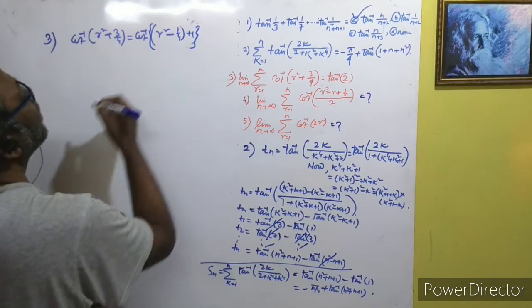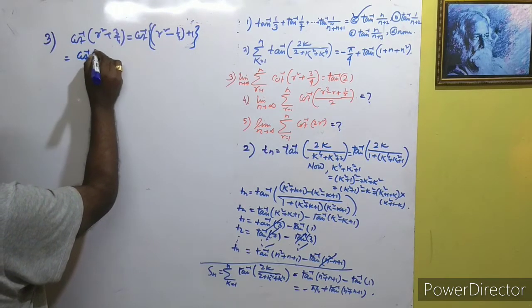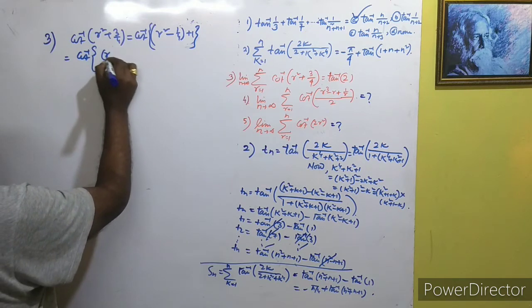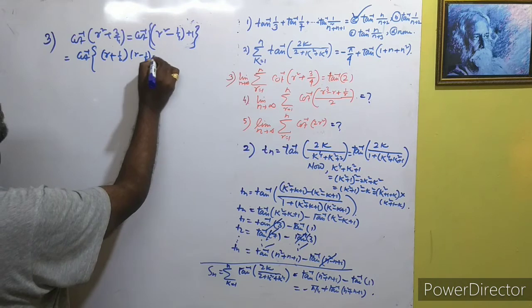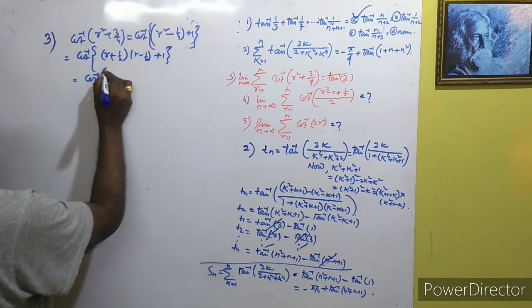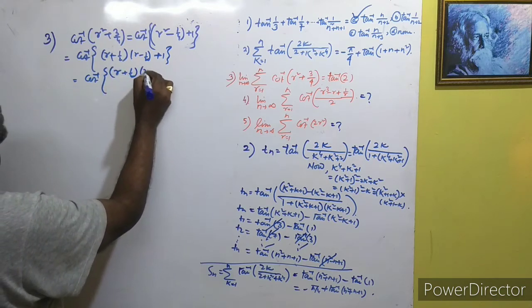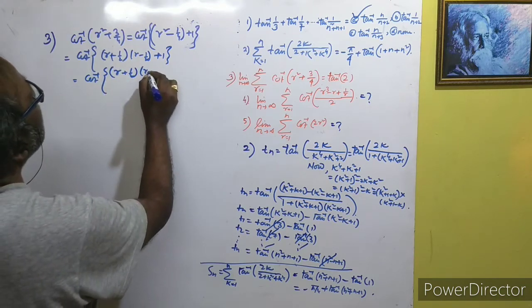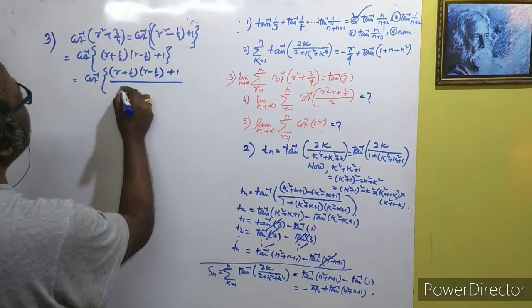Okay, and factorize this, so this is cot inverse r minus half, r plus half, and r minus half, and this is plus cot inverse r plus half, and this is here r minus half and plus 1, and subtraction of these two.